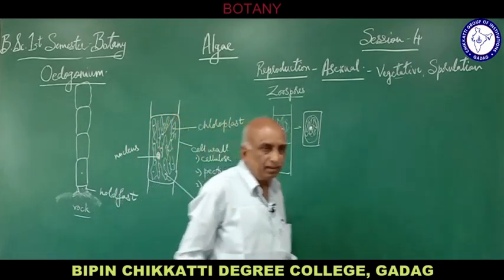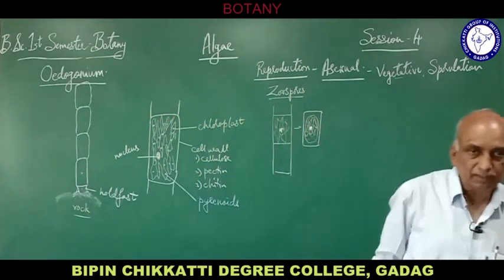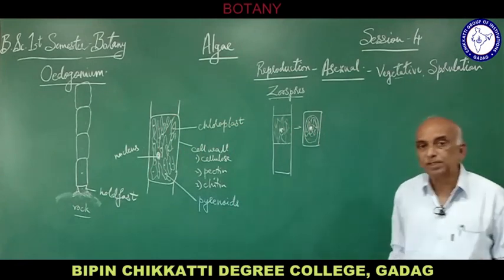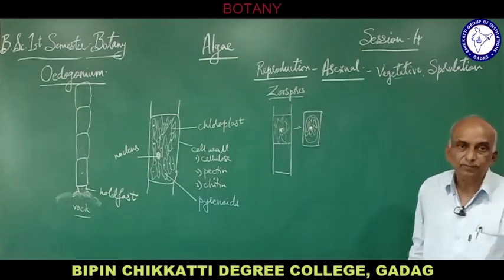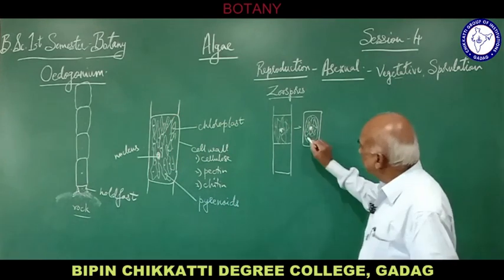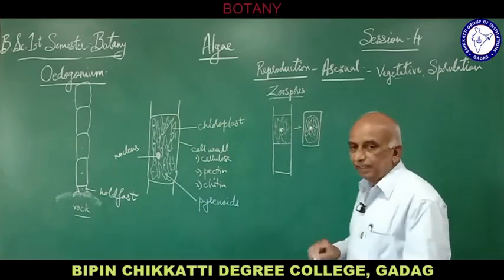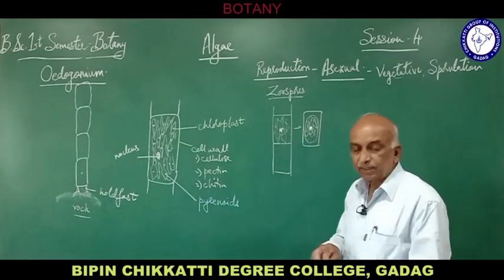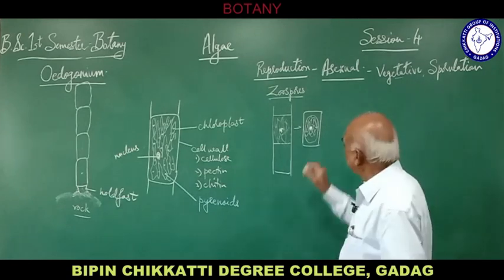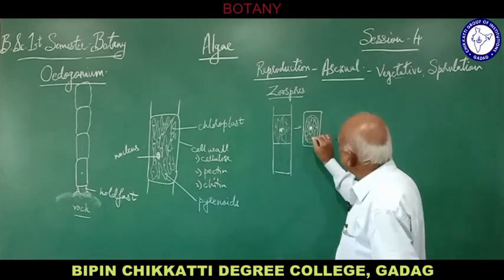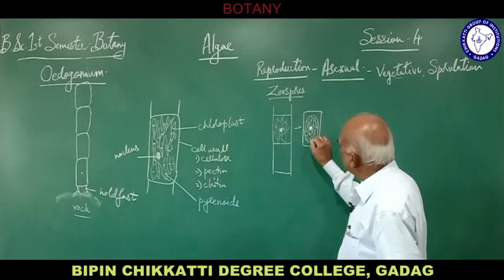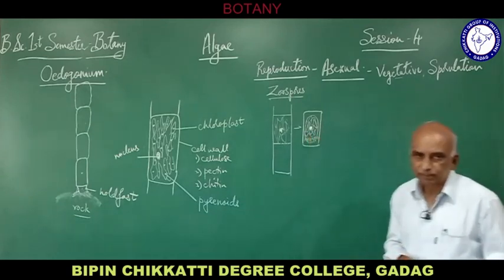These granules are actually blepharoplasts. Blepharoplasts, as we know, give rise to the flagella. Similarly, here also there are many blepharoplasts which give rise to the flagella. These flagella are produced on the outer side of this cell, inside.